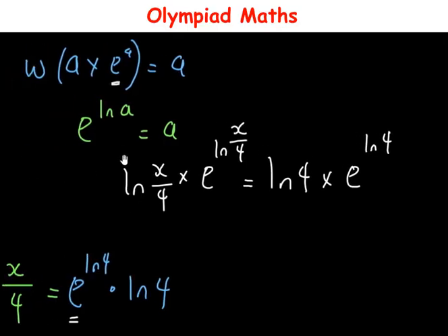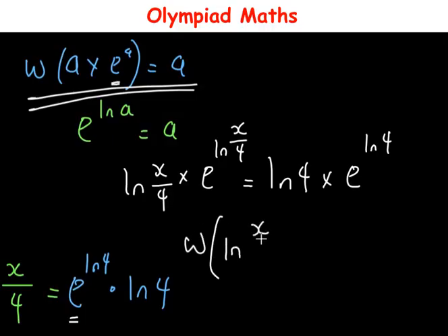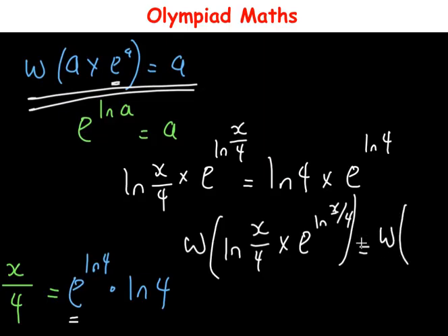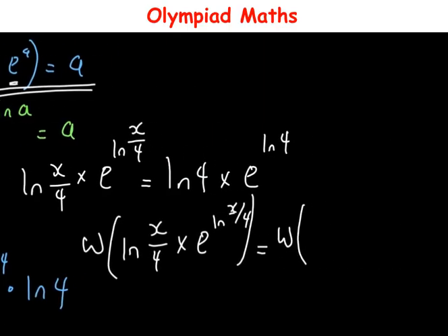Now, we can then apply the Lambert W function to this equation. So we have W of (ln x over 4 times e raised to power ln x over 4) equals W of (ln 4 times e raised to power ln 4).